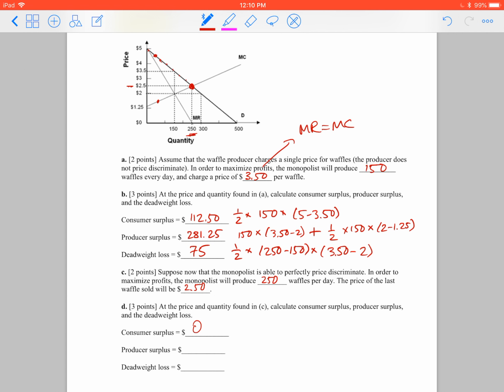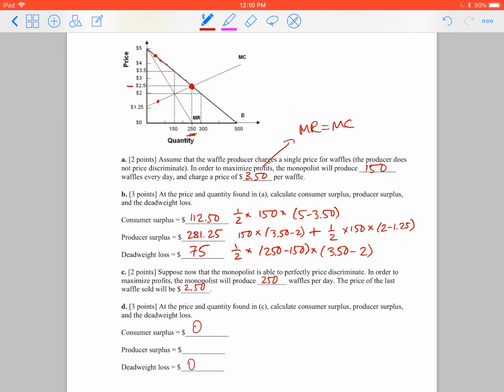The demand curve tells us how much they're going to pay. All right, so there's no consumer surplus with perfect price discrimination. Similarly, there's no deadweight loss because we achieve the competitive outcome of 250 waffles being sold. All right, so those two are easy.